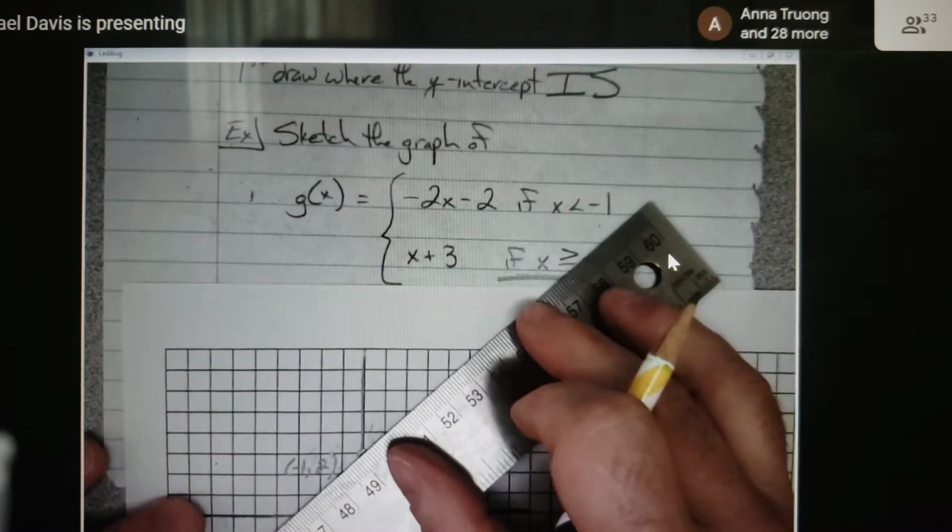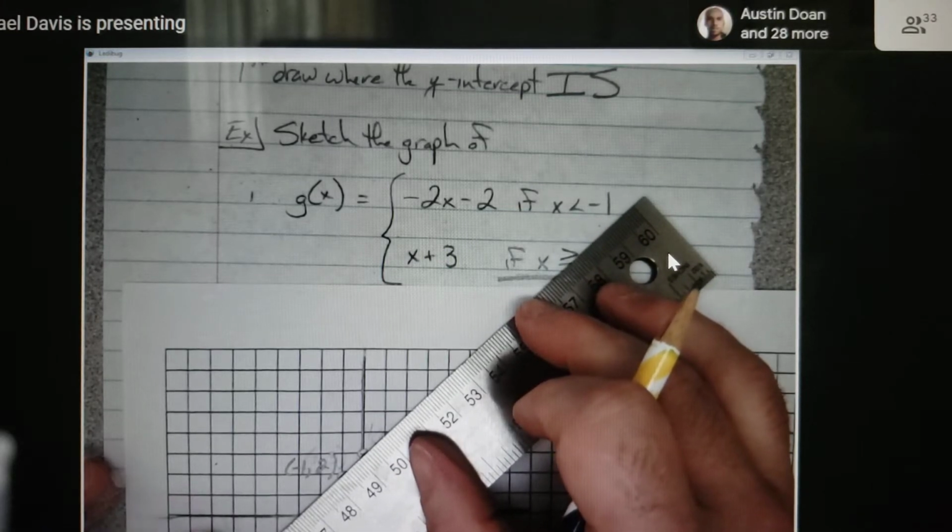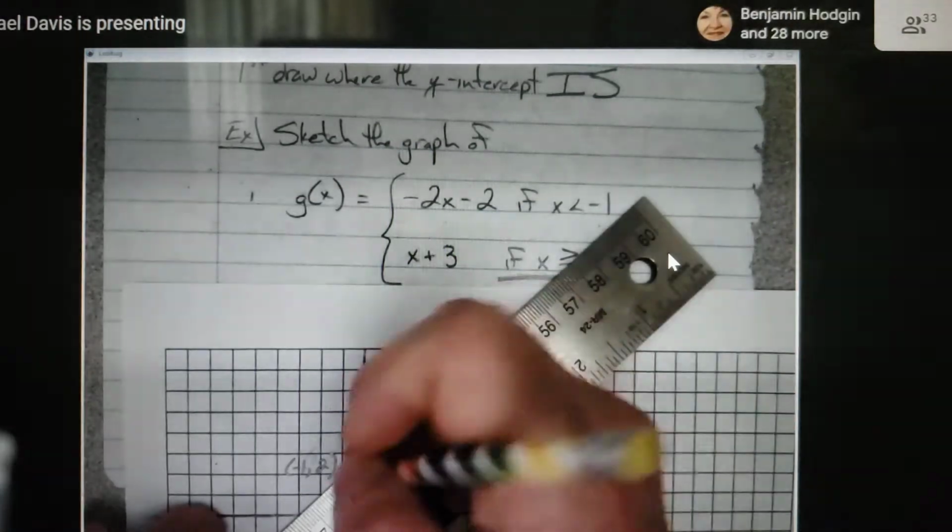So with my straight edge, I want to draw only the portion of this line where my x-coordinates are greater than or equal to negative 1.